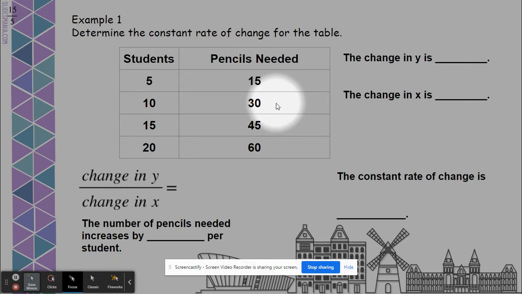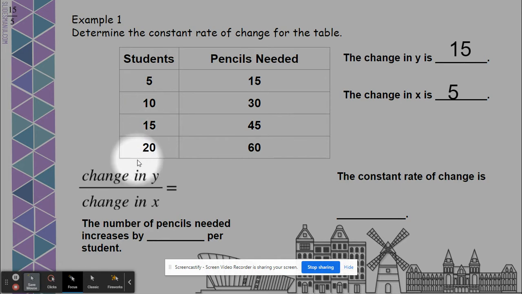I'm going to look at the change between 30 and 15. 30 minus 15 is 15. So I think I'm good to go. I know my change in y is 15. And then 10 minus 5 is 5. So I know my change in x is 5.